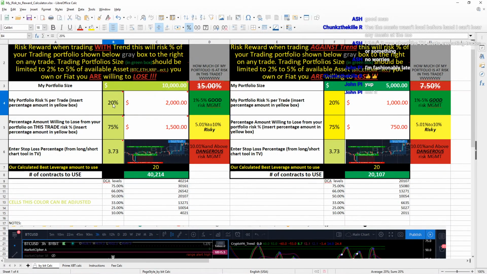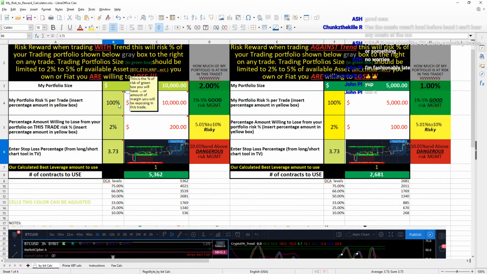Now, let's say you don't want to try to figure out 20 and 75 and all this other stuff. You can even go up here, say I want to use my entire stack, but I only want to risk 2% of my stack. Here we are doing it backwards, but if you do it that way, with that particular percentage, it's going to tell you to go 1x with 5,362 contracts.